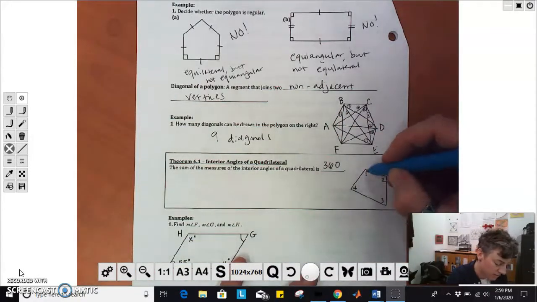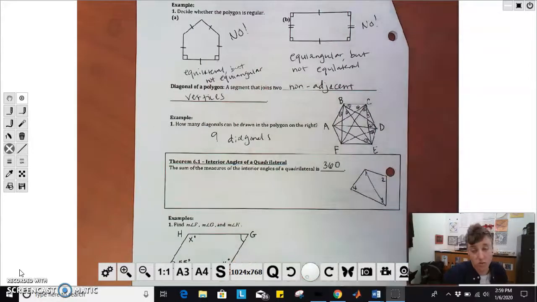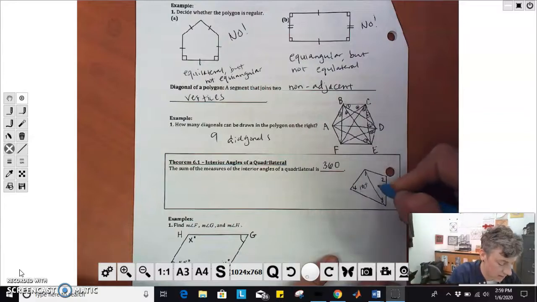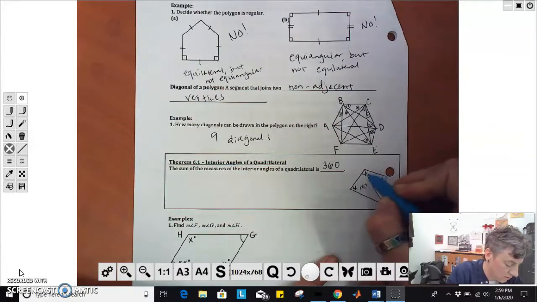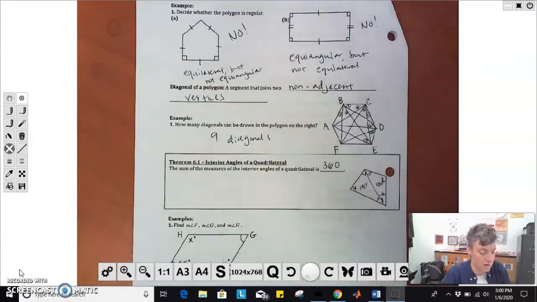If I took this quadrilateral, I can chop it into 2 triangles. So I've got 180 degrees here and 180 degrees here. So these 2 angles together make up one of the angles of this quadrilateral, and these 2 angles here make up another angle. So this 180 degrees plus this 180 degrees makes the 360 degrees of a quadrilateral.